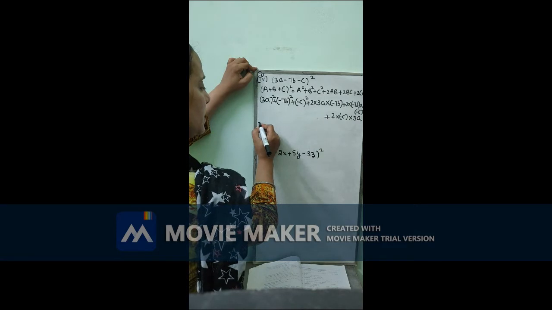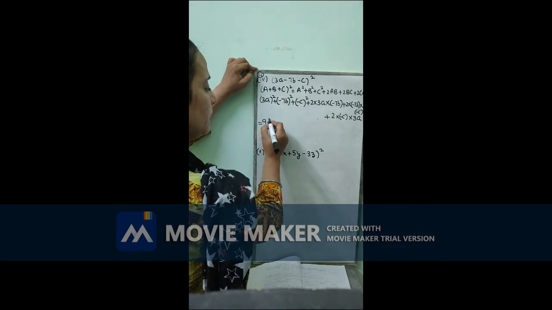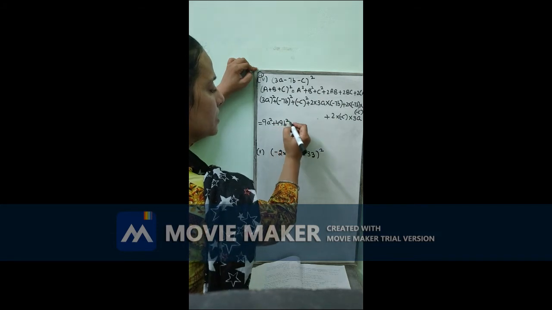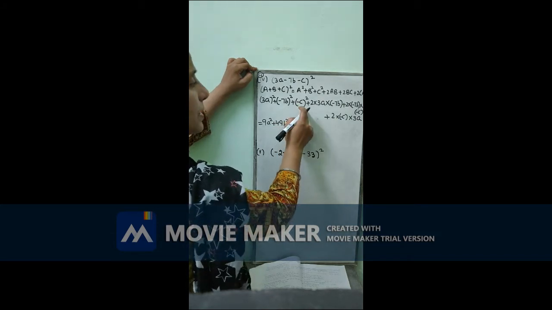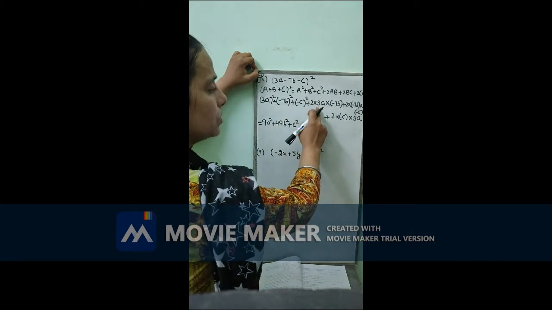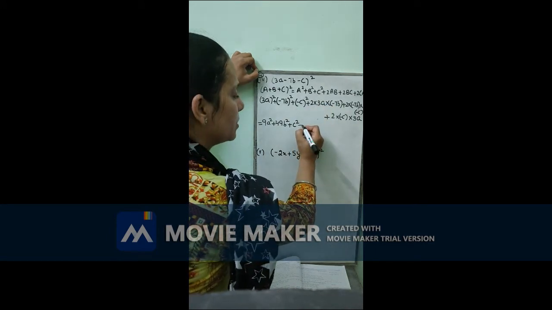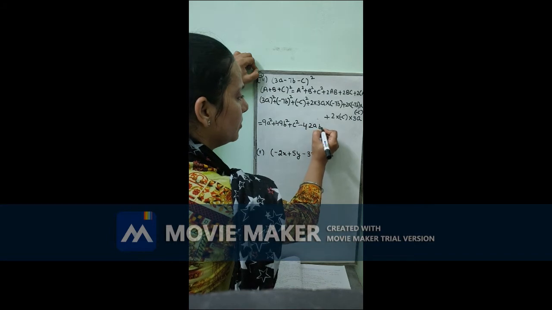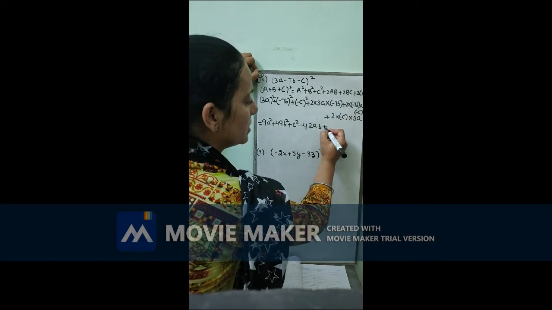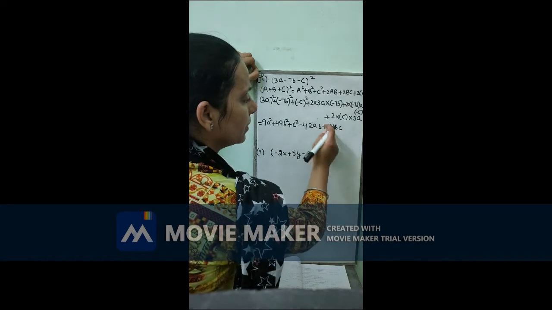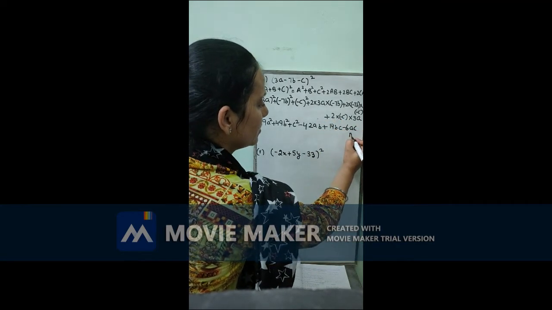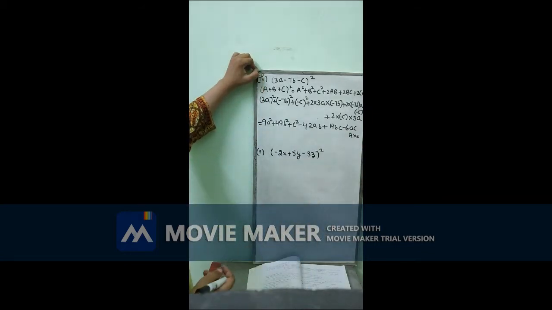Your answer will be 3 3s are 9, minus square is plus, 7 7s are 49 b square, minus square is plus, c square will be as it is. Here plus minus minus, 2 3s are 6, 6 7s are 42ab, plus minus minus is minus, minus minus is plus, 2 7s are 14bc, plus minus minus, 2 3s are 6ac. That is your answer. Is it clear?